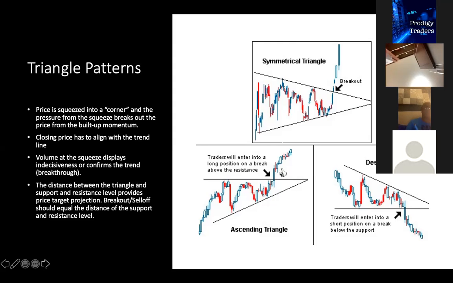To further understand this, we're going to go through some more slides. In the market, you always want to focus on breakouts, especially with day trading, because we want to capitalize on volatility.